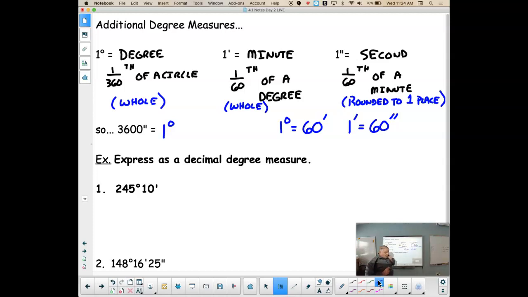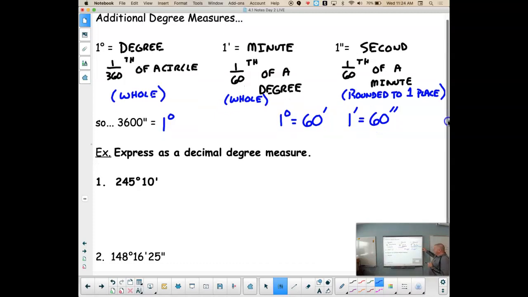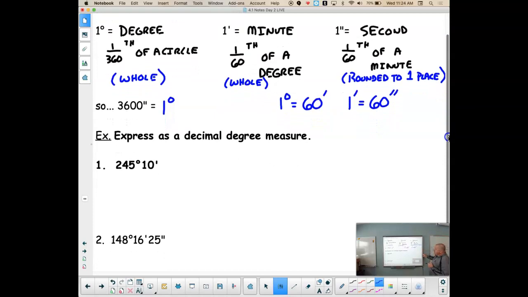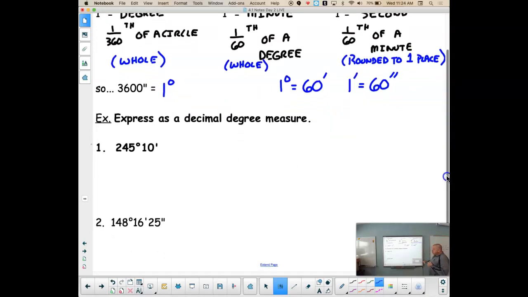Okay? So now what we need to learn is how to convert from decimal degrees to degrees, minutes, seconds, or from degrees, minutes, seconds to decimal degrees.